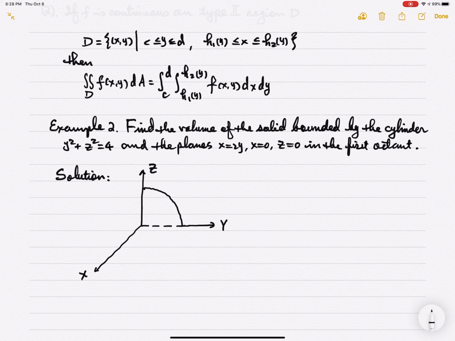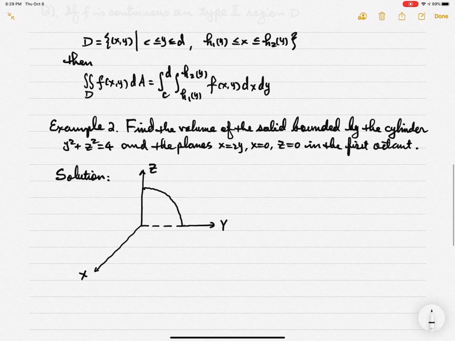So this is y squared plus z squared equal to 2 squared. Now you think about it, because x is not there, x can be anything, so the surface should be parallel to the x-axis. But we need to know that the plane x equal to 2y is a vertical plane.